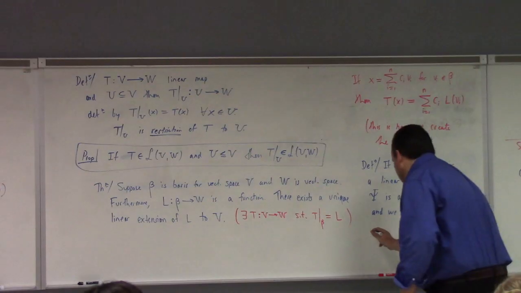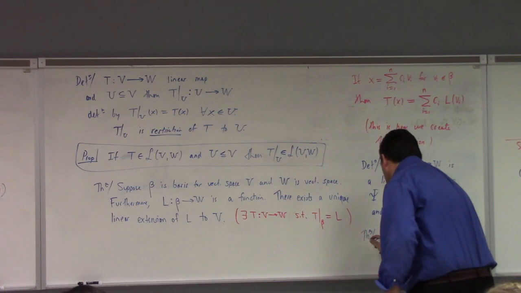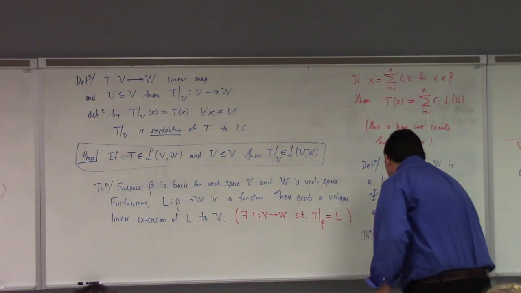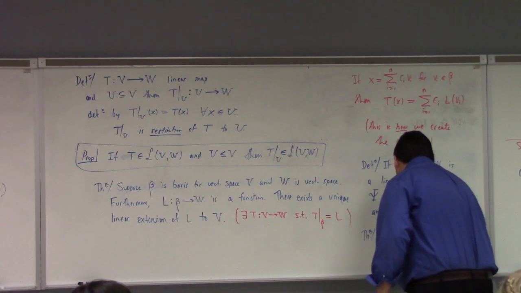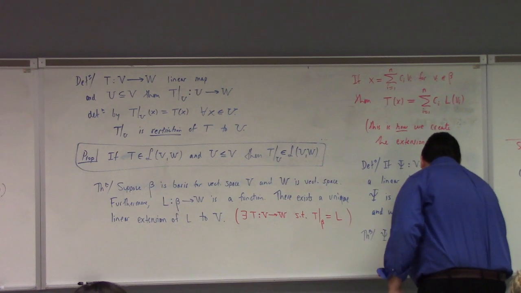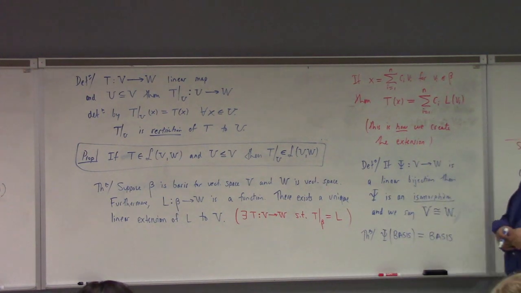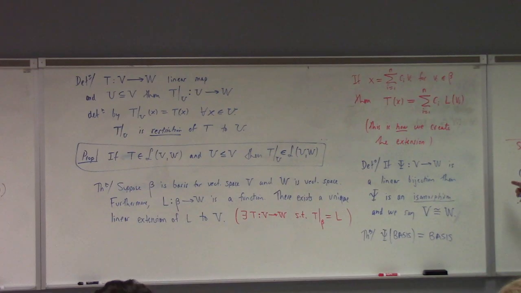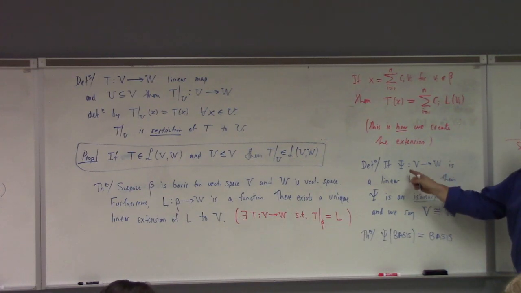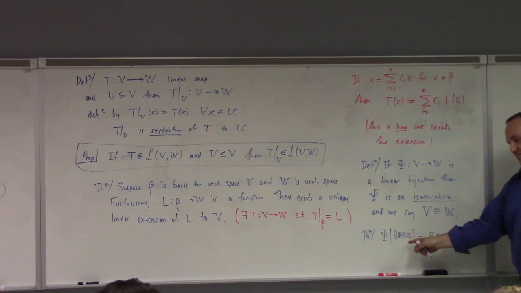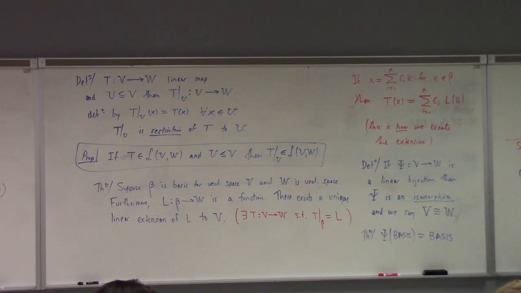So this immediately gives us a theorem, which is that psi of a basis must be equal to a basis, because it maintains spanning and linear independence, which means that we take a linearly independent spanning set to a linearly independent spanning set if we have a linear bijection. That's an isomorphism. So this also means that the isomorphism must preserve dimension. If you have an isomorphism between two vector spaces, they must have the same dimension, because we can take a basis to a basis, which means that they have to have the same dimension. All right?